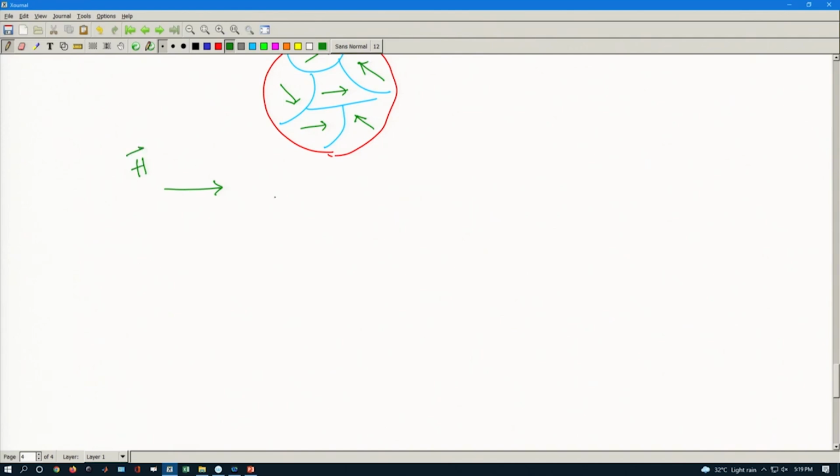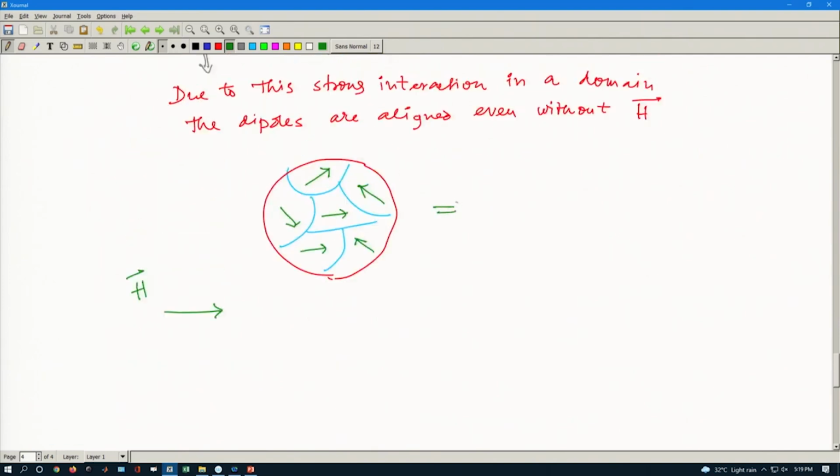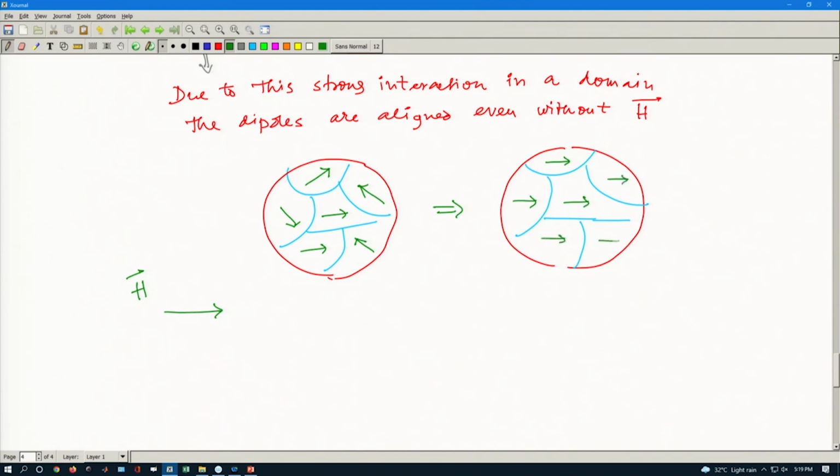the domains start to align. Suppose this was my domain, and under the application of magnetic field, these things are aligned.